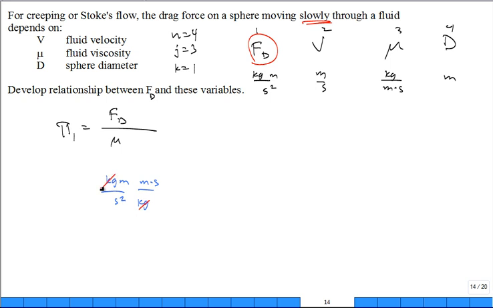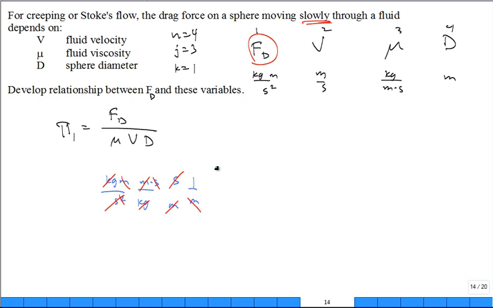Kilograms go. And now let's get rid of the seconds using V. If I multiply by or divide by V, that's a meter per second. And we're left there. Perfect. This meter goes there. The last one, what I need is divide by D. And we're done.